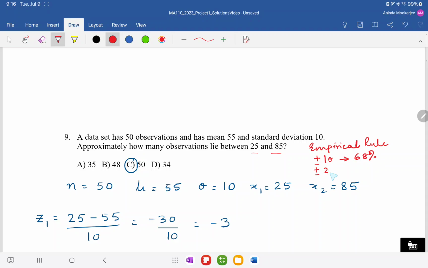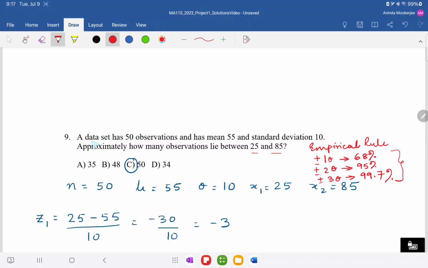Plus minus 2 standard deviations lie 95% of the observations, and plus minus 3 standard deviations lie 99.7% of the observations. You have to memorize this. This will not be given to you on the test, or it's not on the formula sheet. You just have to know it. All right, just learn it.